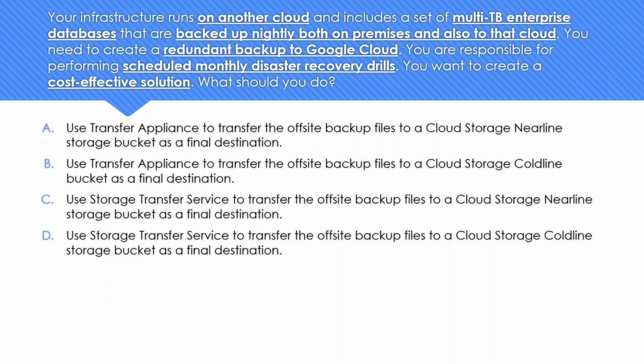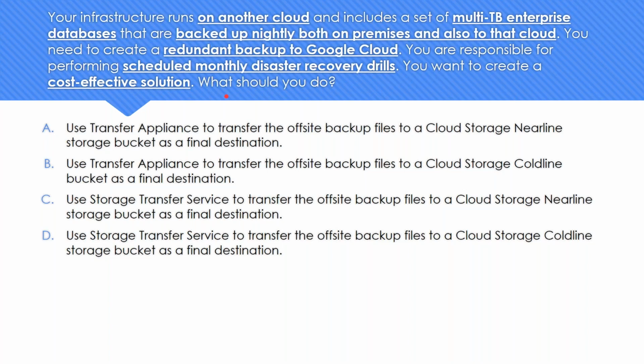So option C looks like a good choice compared to option D. Option D is going to be an expensive solution because the retrieval cost is high there. If they had told us we are going to drill every quarter, every 90 days, then option D would have been a better choice. But since the drill is every month, option C is a good choice.